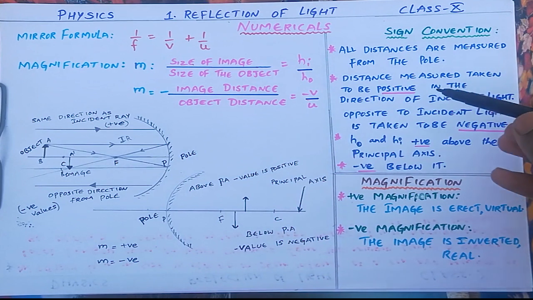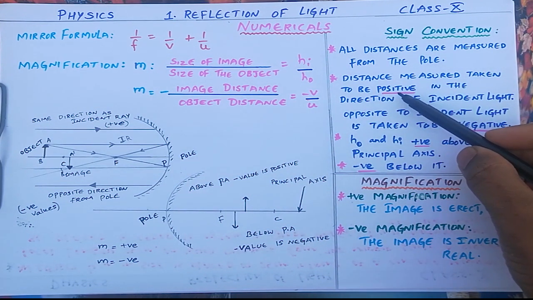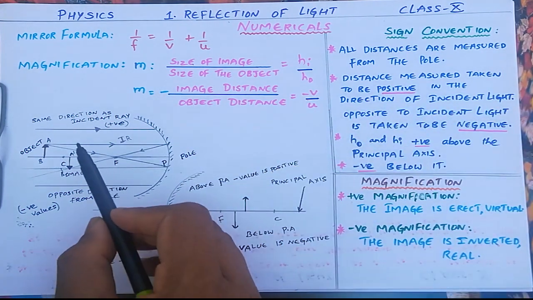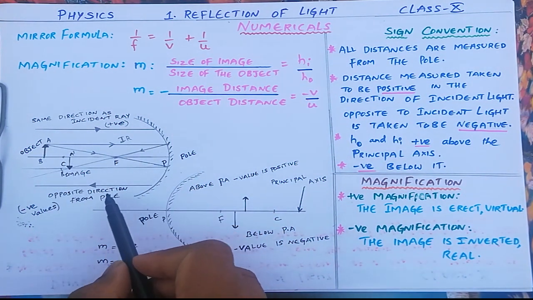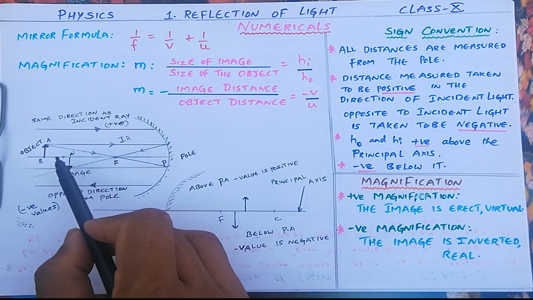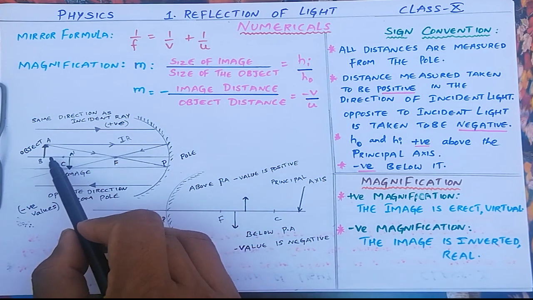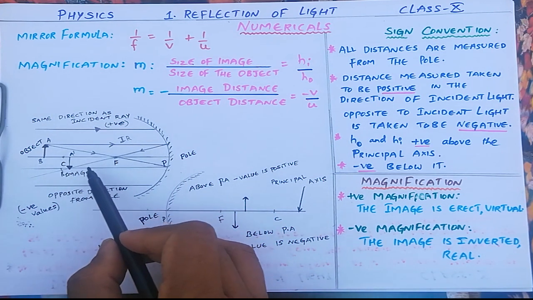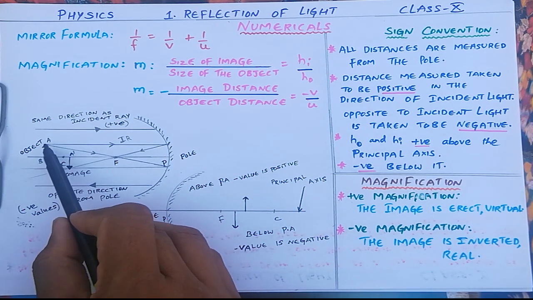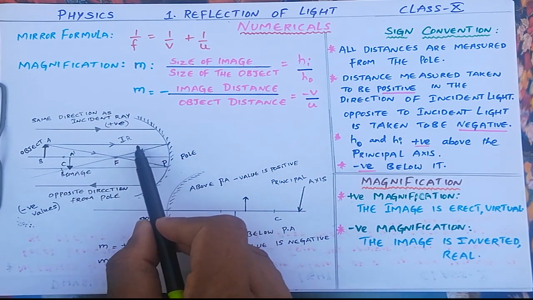But see, distance is taken to be positive when it is in the direction of the incident ray. I have taken one example of a concave mirror, object and the image formation. The object is placed beyond C, and the image is found between C and F. So this is the incident ray.